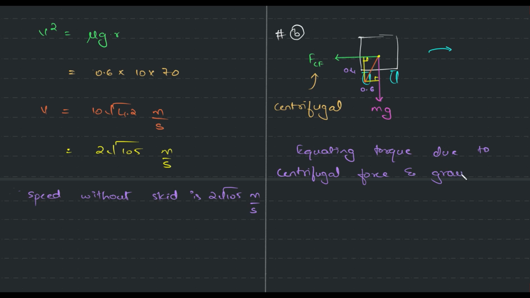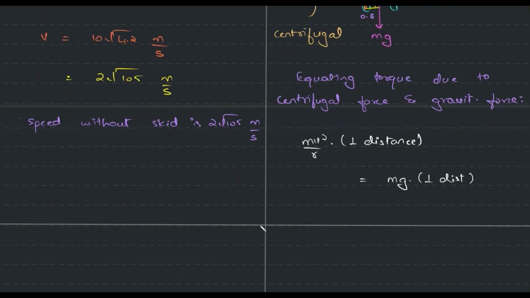They counter each other and they stabilize. So we have mv square by r, same formula, but here the distance is 0.4, the height, that is the perpendicular distance. Perpendicular to what, I can't go into the detail. And this is equal to m into g, and this 0.6 here is the perpendicular distance.